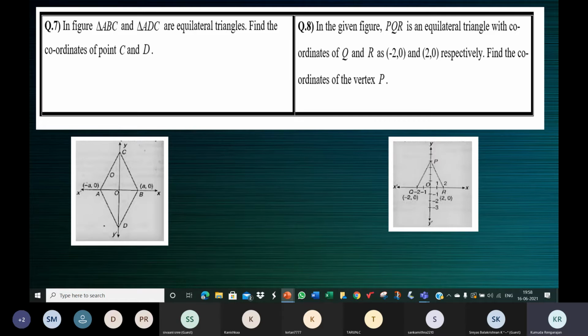The value of 2 root 3 is somewhat close to 4. That's why, for me, it looks like the point is marked just below 4, not on 4. But just in case it looks so, there is a flaw in the figure. And since we are aware that we need to find the length of the altitude in order to find the coordinates of P, I think we shouldn't have been misled by the figure.